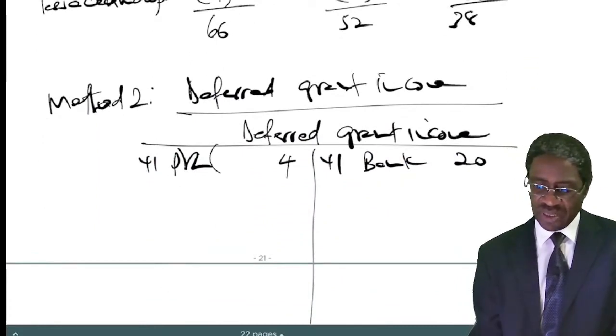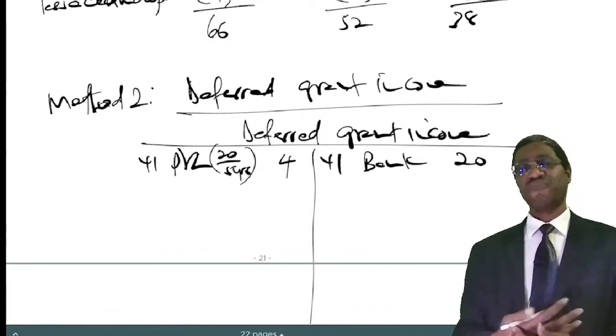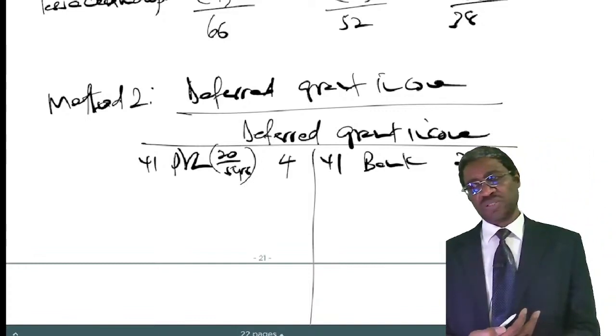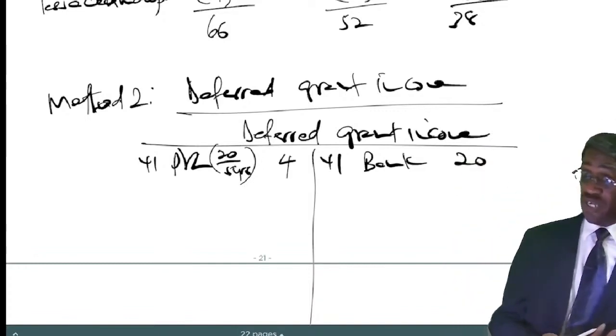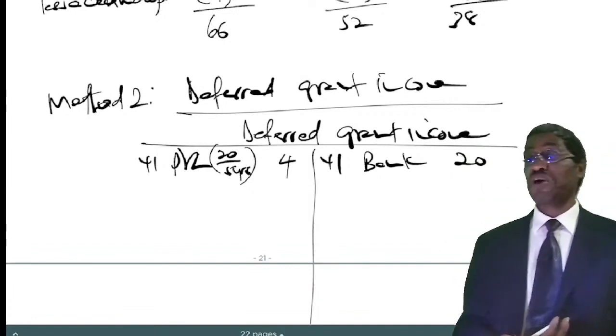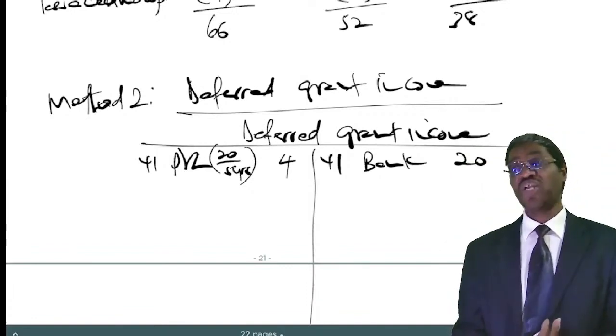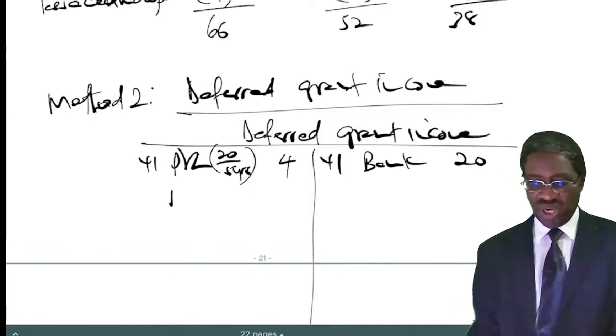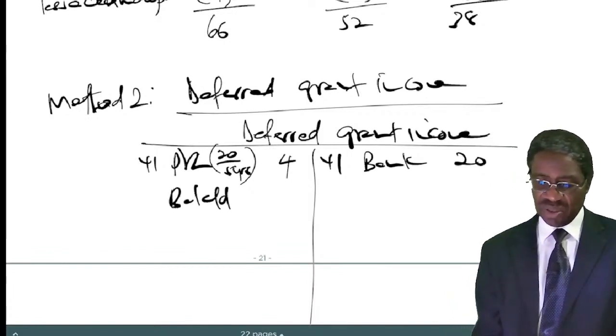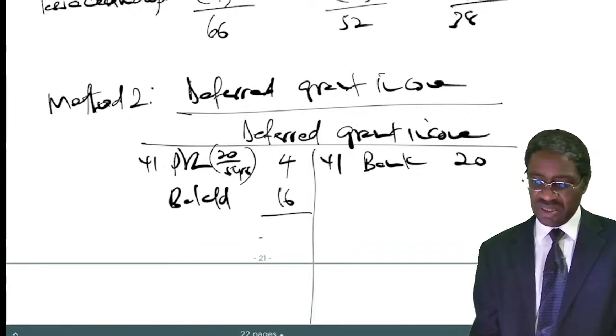Don't forget, 20 divided by the useful life of 5 years, that's how we are getting 4 million. Every year you transfer from the grant account or the deferred account to the P&L account 4 million. Then you carry down the balance by end of year 1, which looks like 16 million.